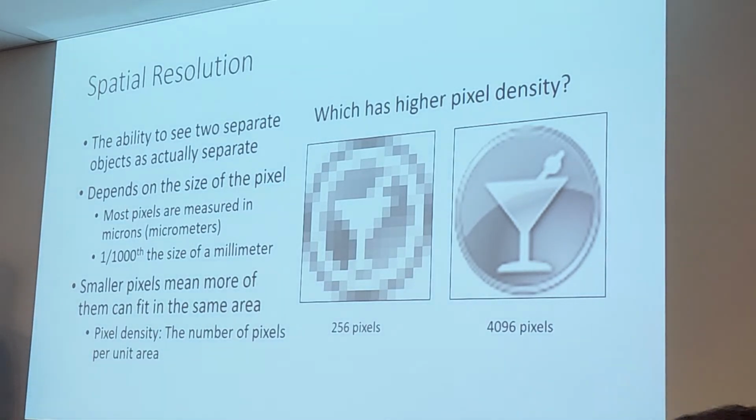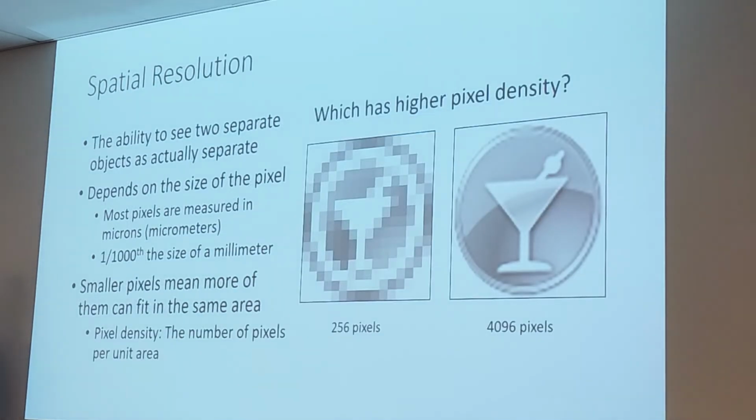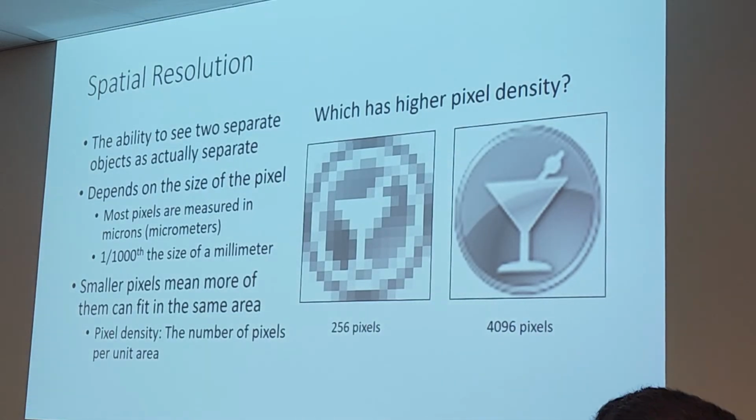Okay, so these two things we just talked about, brightness and contrast. What category did they fall under? Visibility. Very good. Brightness and contrast, visibility. How do you see the image?